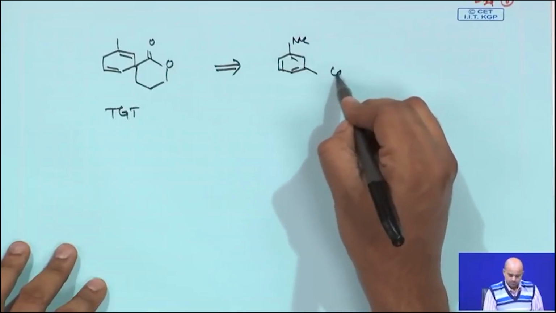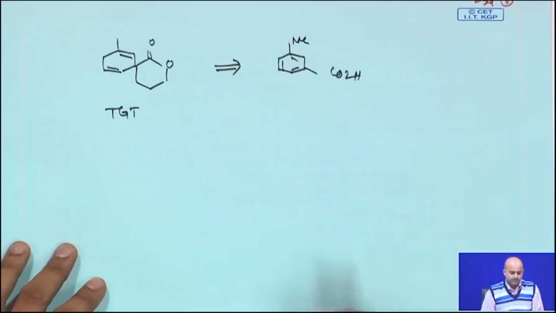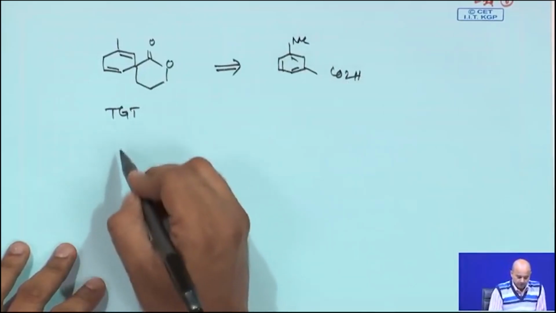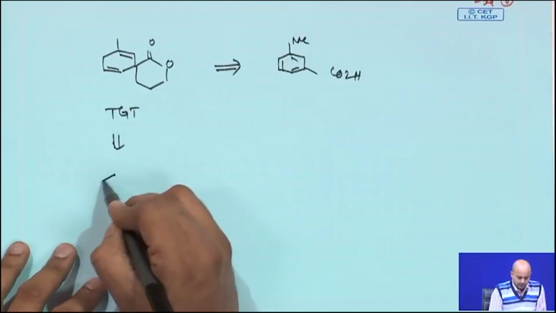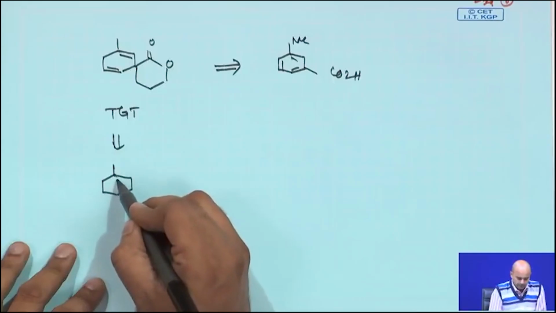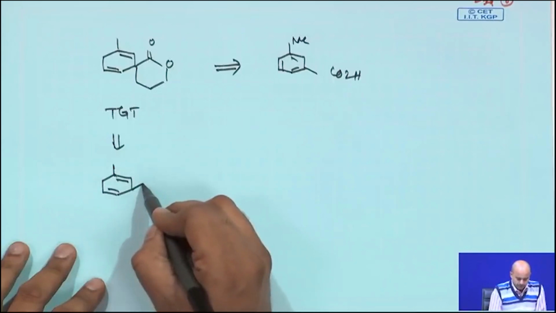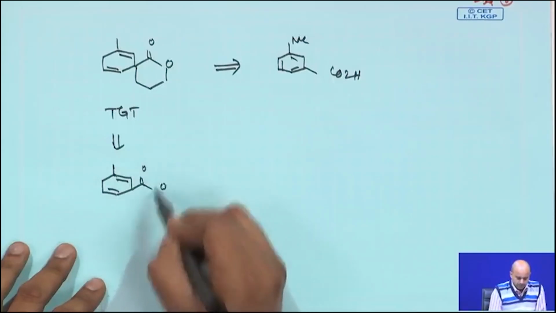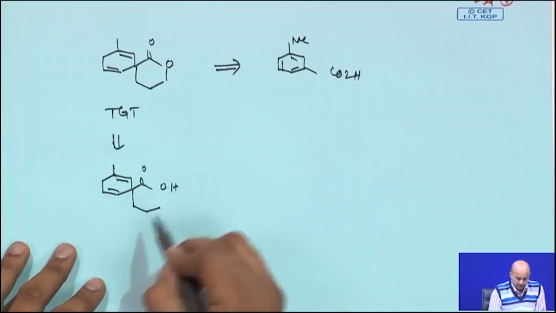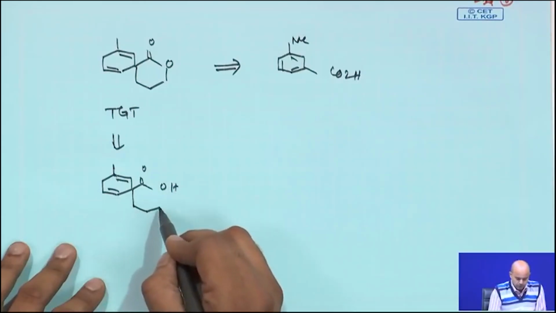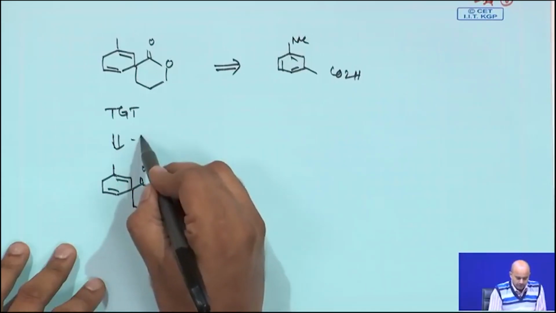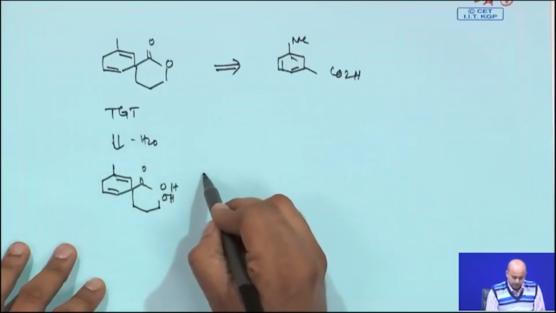The starting material which was given to you is this. It has an electron releasing as well as an electron withdrawing group. Now do the conventional retro. If you do the conventional retro, you can have this C double bond to O or H, and then CH2, CH2, CH2, OH. Just do an esterification reaction by minus water.